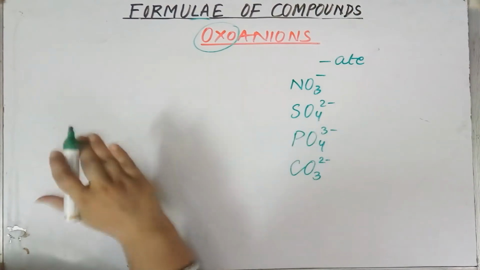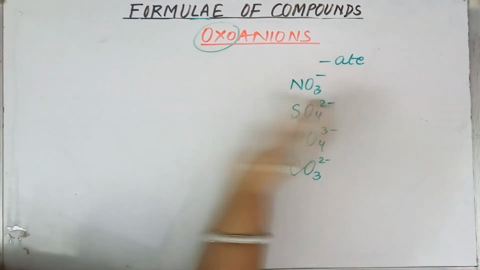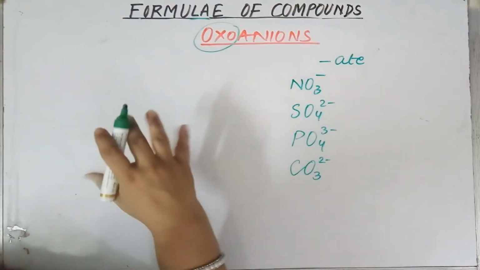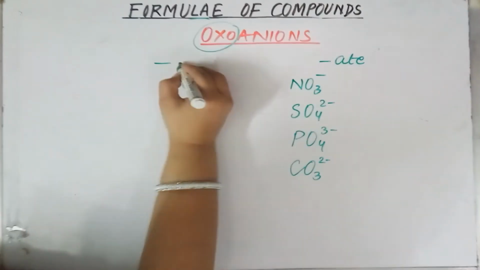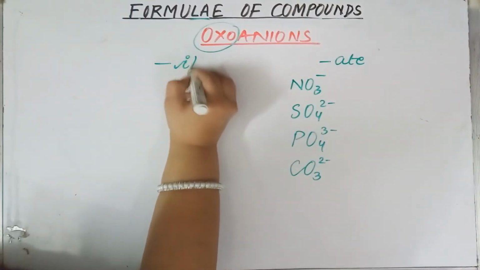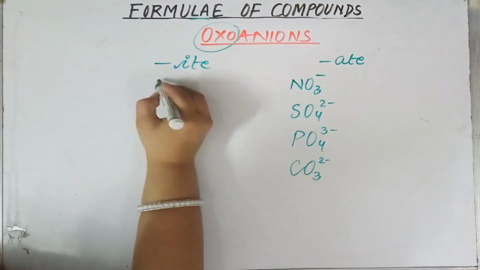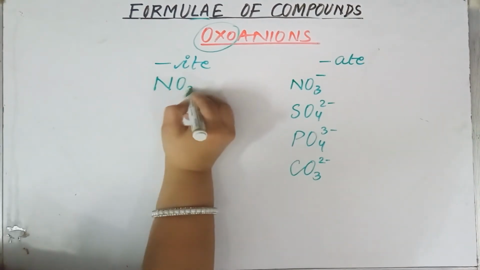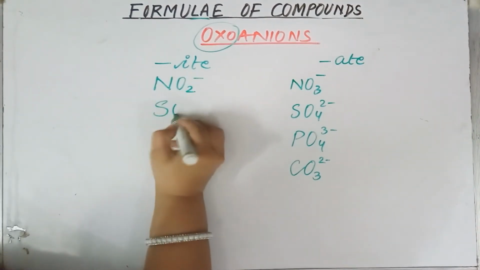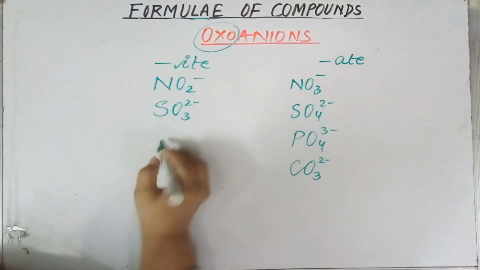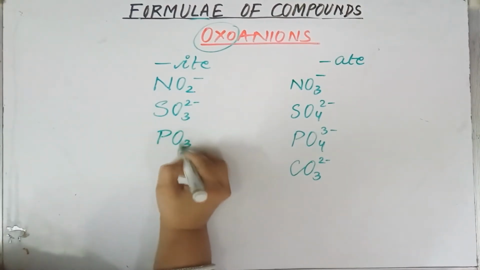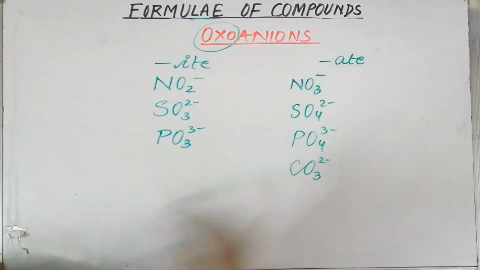Here is one more kind of ions which resemble them in their formula, and their names end with -ite. I am writing down the formulas: NO2 minus, SO3 2 minus, PO3 3 minus, and so on.